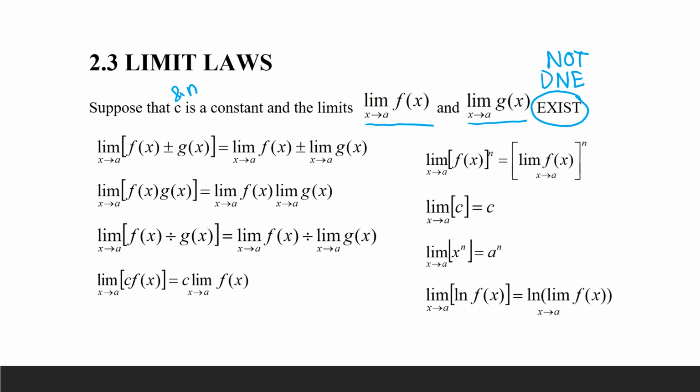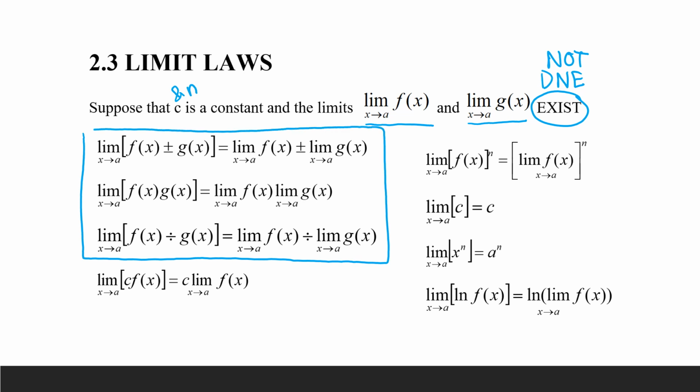So let's take a look at what some of these limit laws actually mean. So if we take a look at these 3 limit laws here, what they're telling us is that we can do things in different orders. So we can either add 2 functions together and then evaluate our limit, or we can evaluate the limit of each function and then add, or subtract of course, the 2 limits together.